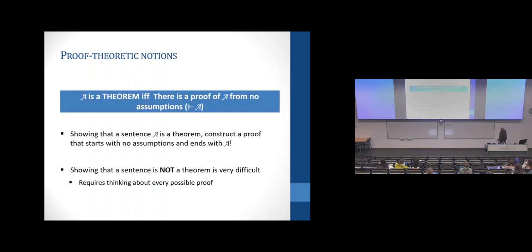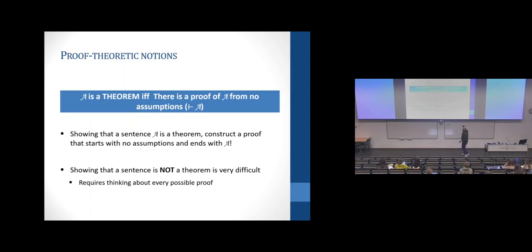So here's our first notion. An individual sentence of TFL is a theorem if and only if there's a proof for that sentence starting from no assumptions at all. So to show that a sentence is a theorem, you can start a proof.